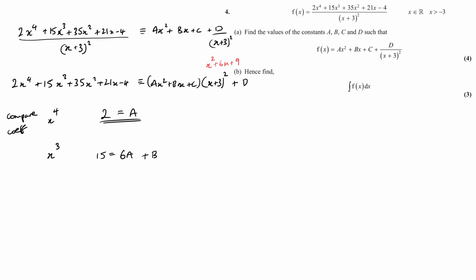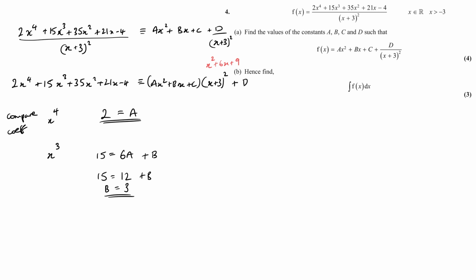And of course I'm just writing down the coefficients. Now we know what a is. It's 2. This means that b here is 3. So now we've got 2 values.